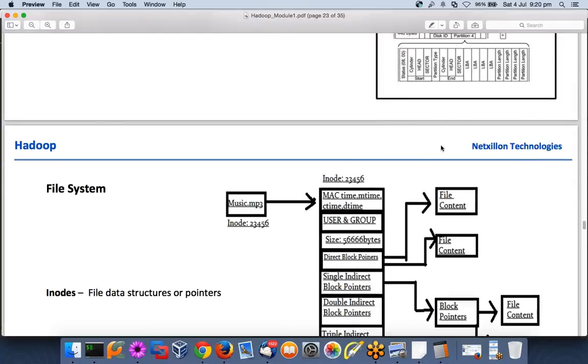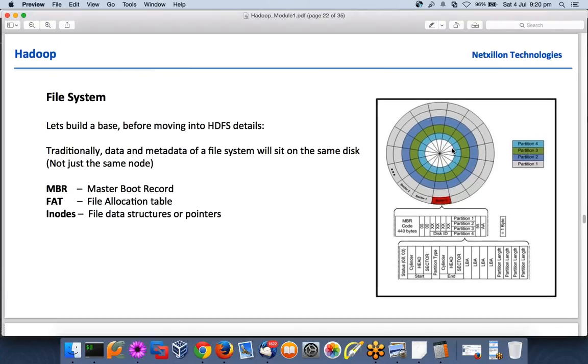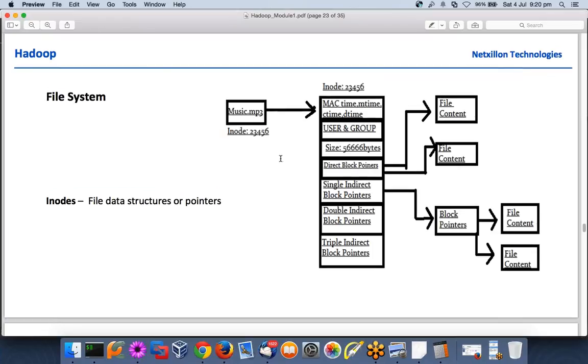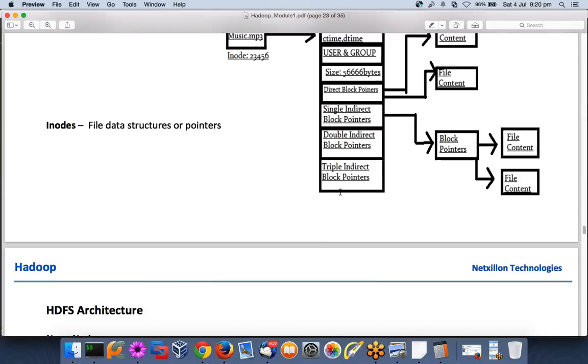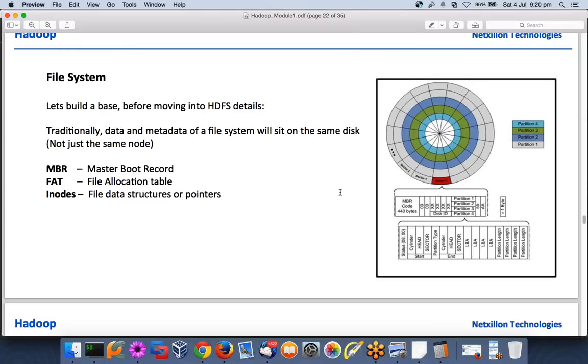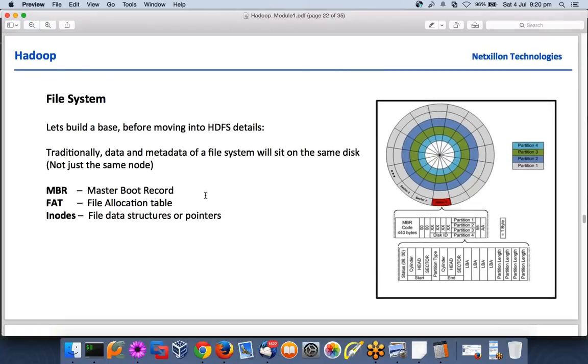Now, what is the difference here? In Linux, Windows, whatever systems you have, this metadata, which tells you where the blocks are, and the data itself sit on the same node.